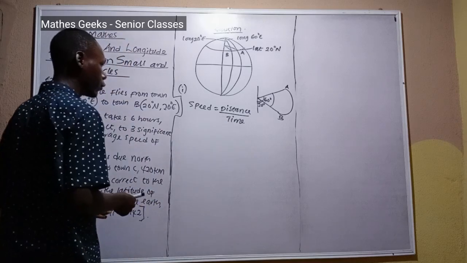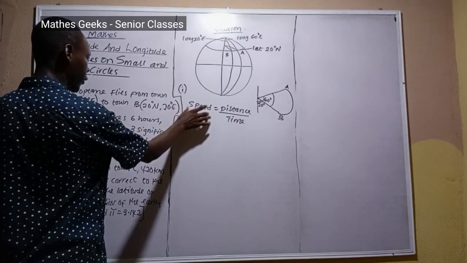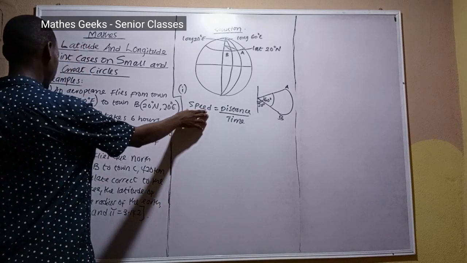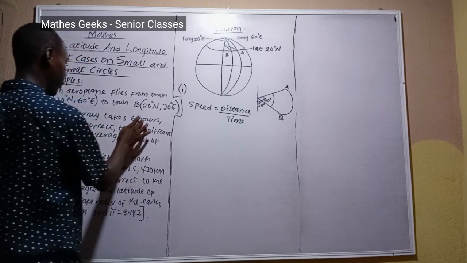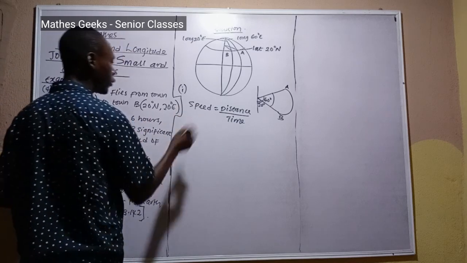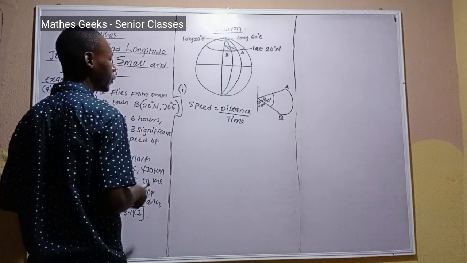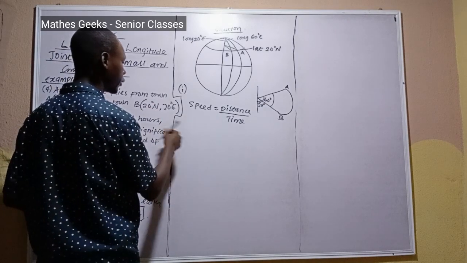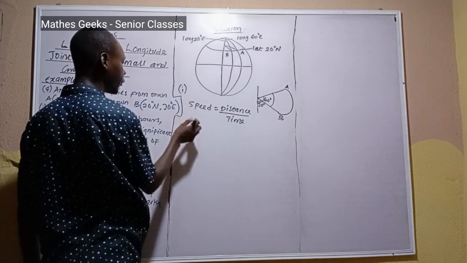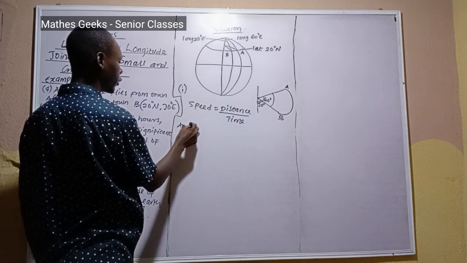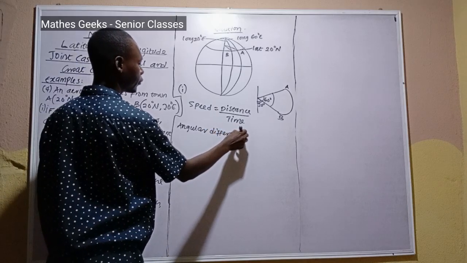We are given the time, but we are not given the distance, so we are going to evaluate the distance covered by the aeroplane. The distance will be gotten from knowing the distance between points A and B. So first of all, we need to know the angular difference.